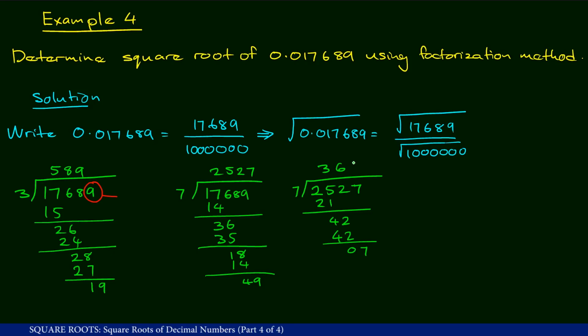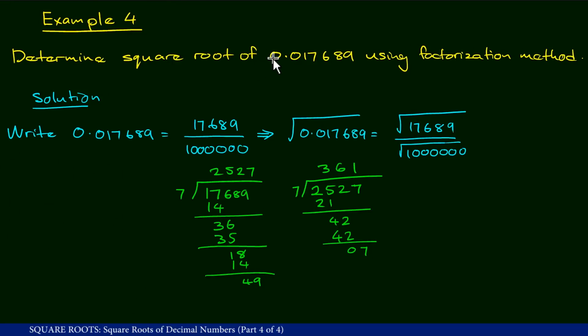That means it is 1 here. I'm going to clear out this area. So far we have found one factor. 17,689 is 7 squared times 361.